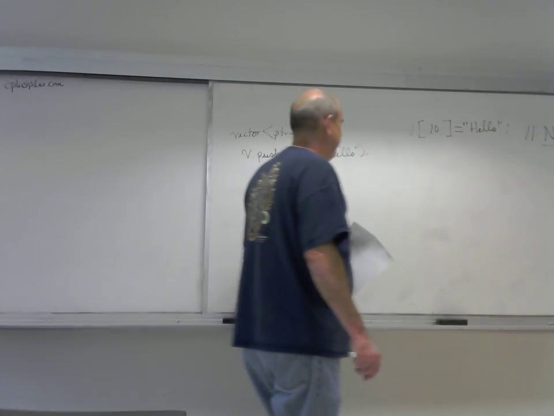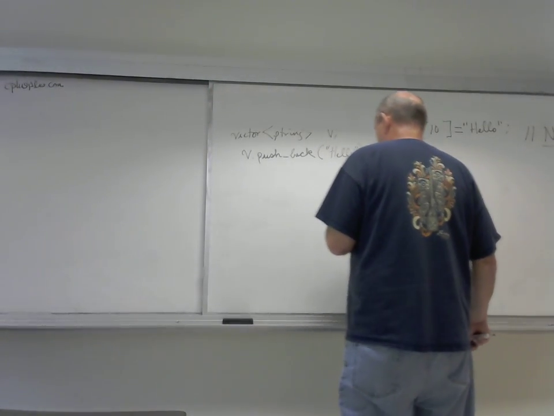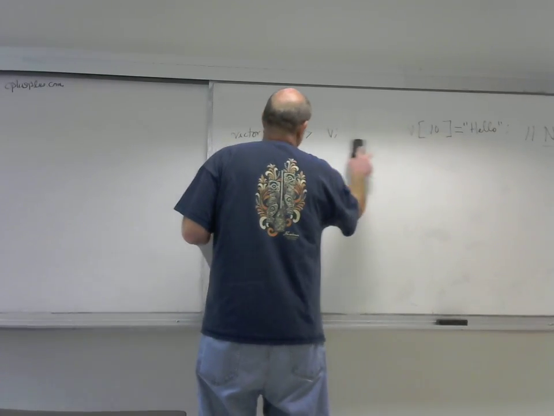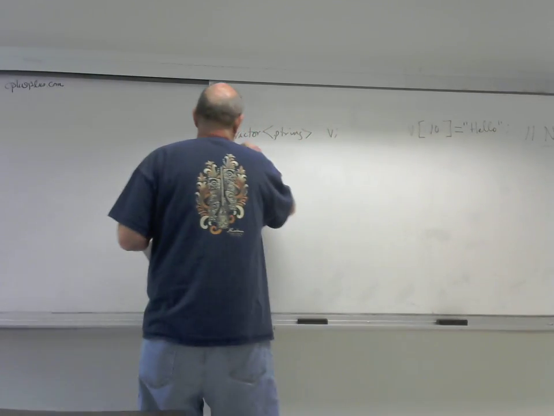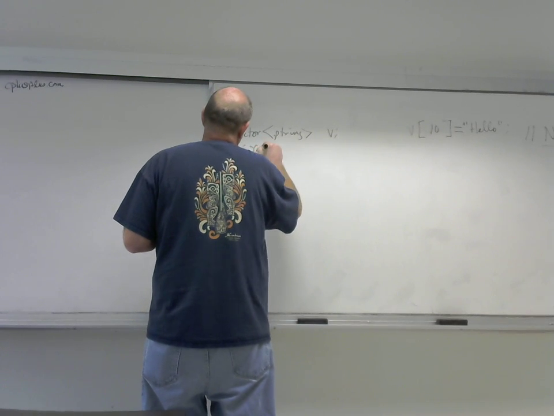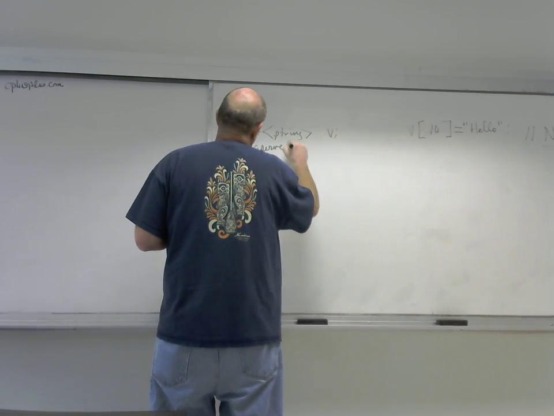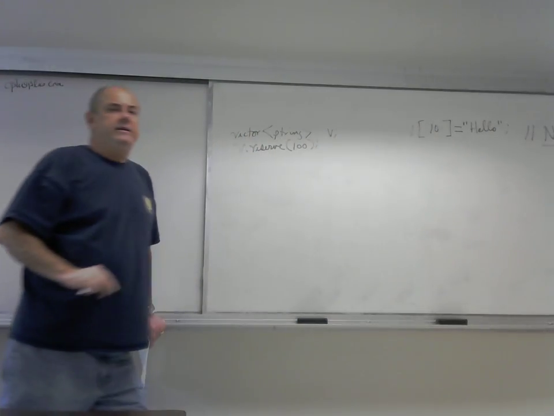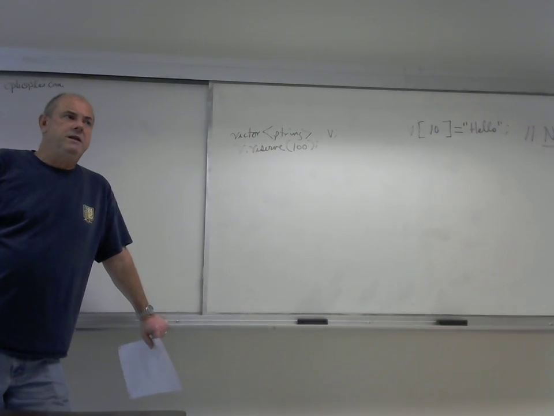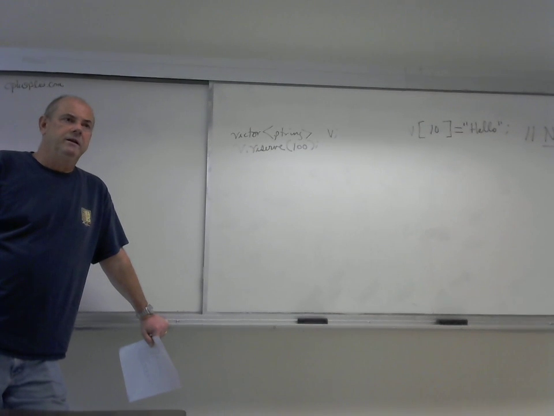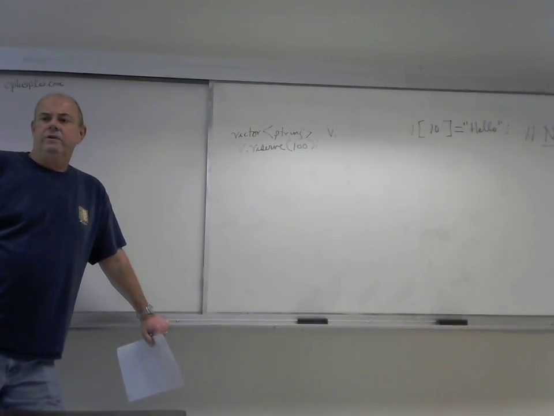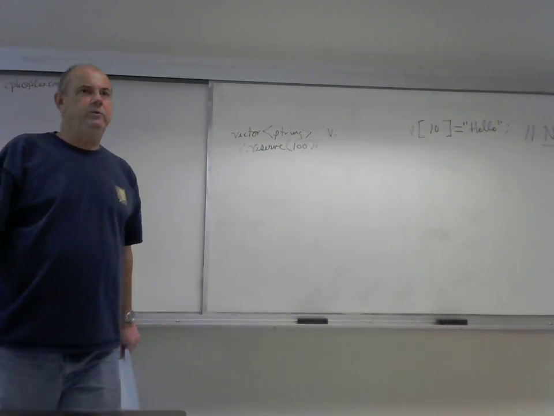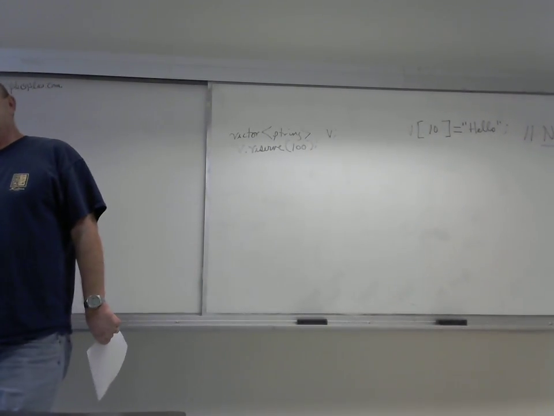Alright, some useful methods. When you make this, you can reserve the size. Reserve. For instance, if you know how much space you need, you can ask for it. The way this works, some of you may have been in my 3-2 class where I made you do resizable arrays.